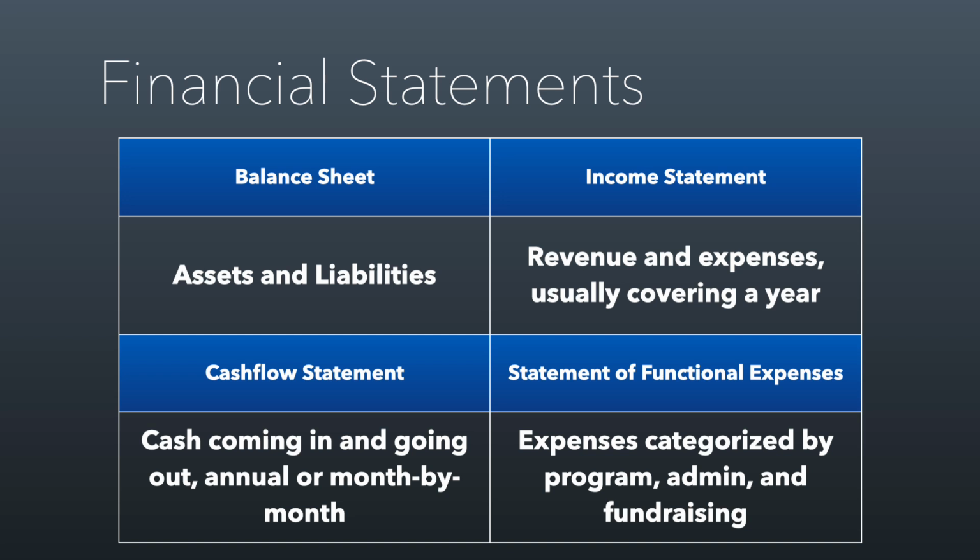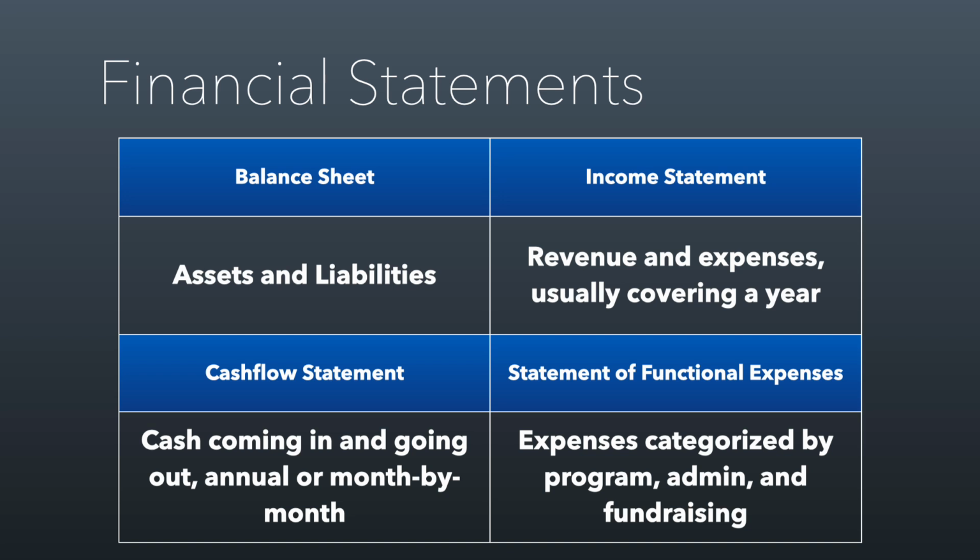And it's important to understand that each of these has a job to show something that the other ones can't. The money that comes in and out of an organization, the financial assets that it holds, they all have different ways of perceiving them. And no one financial statement captures every angle you'd want to take on the money of a nonprofit.